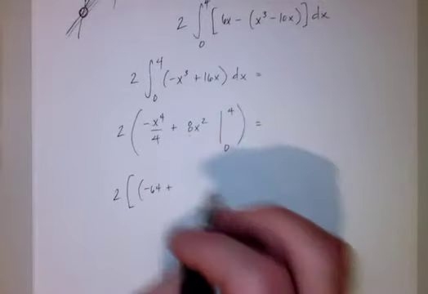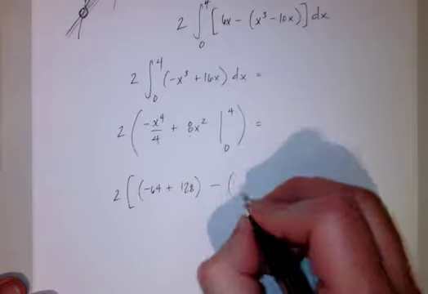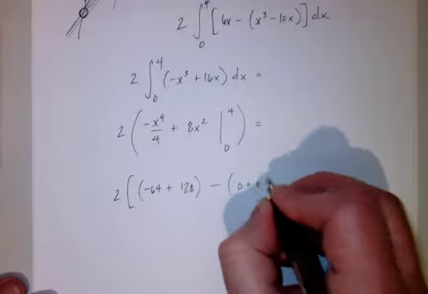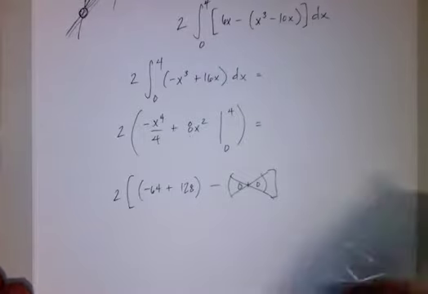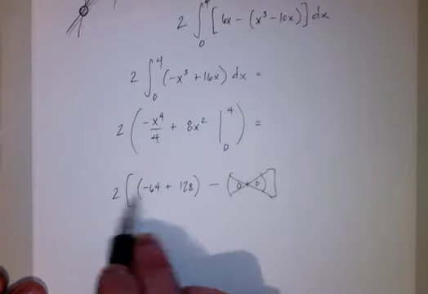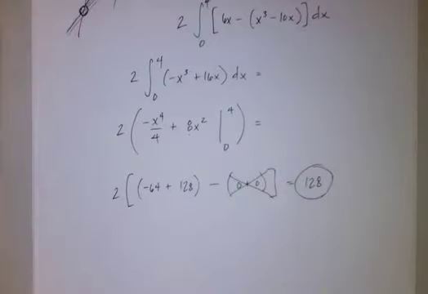So that's 128 minus 0 plus 0. That, of course, doesn't matter. I know that this is positive 64 times 2, so your area is 128.